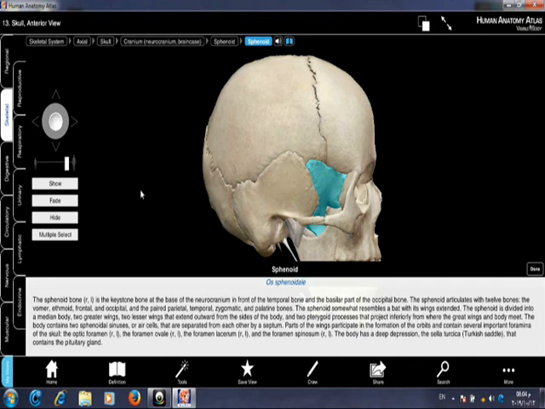The sphenoid articulates with 12 bones: the vomer, ethmoid, frontal, occipital, parietal, temporal, zygomatic, and palatine bones. The sphenoid somewhat resembles a bat with its wings extended.